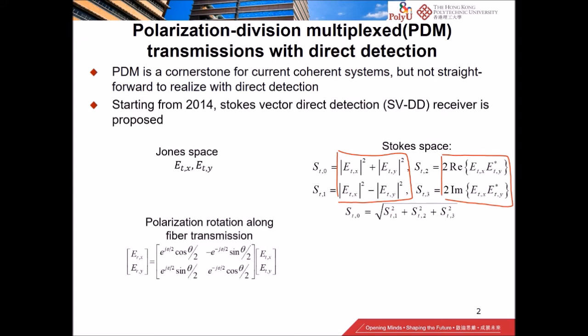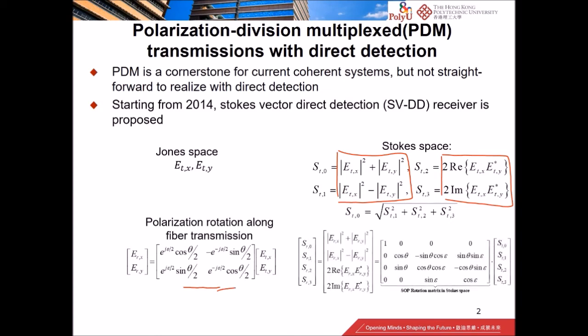Now, upon transmission through the fibers, there will be polarization rotation of the signal. In Jones space, it is captured by this matrix, and the mathematical equivalent of this matrix in Stokes space is given by this matrix here.